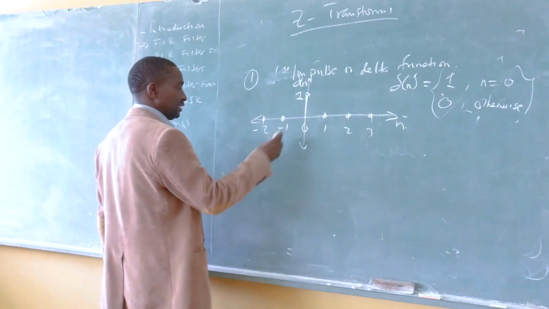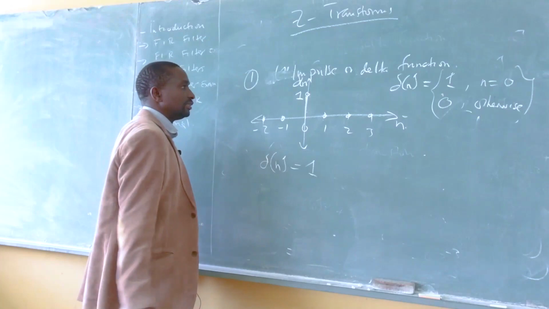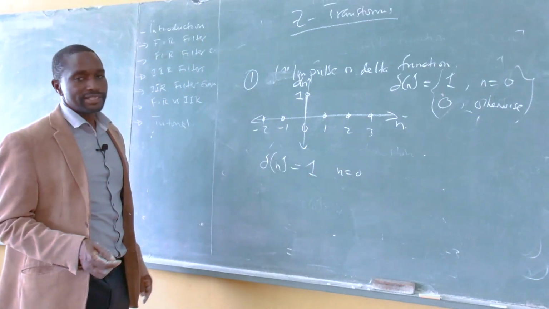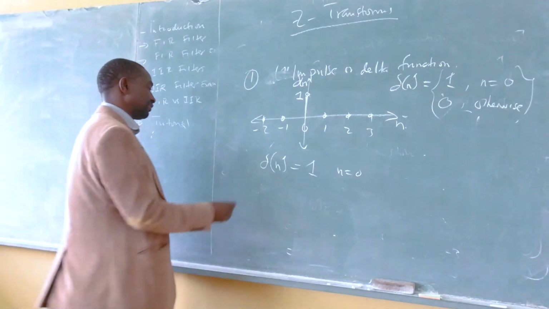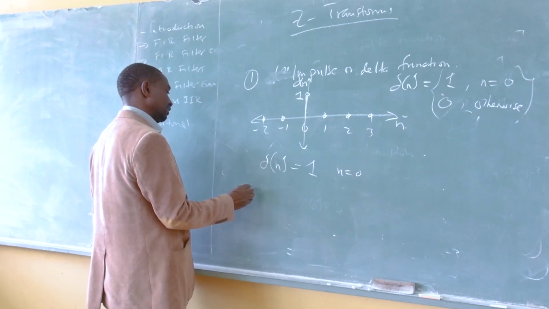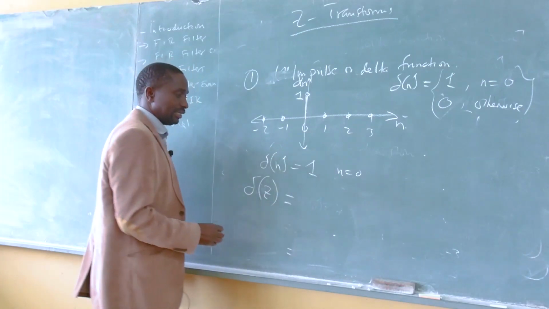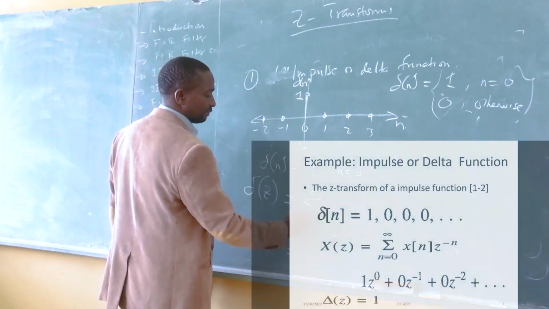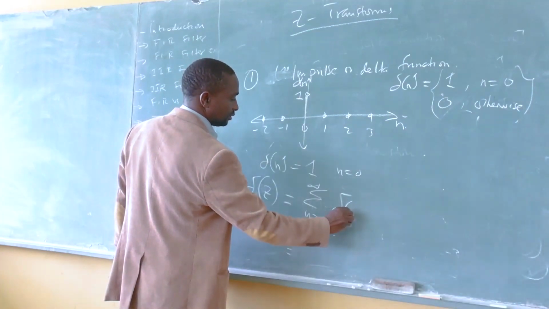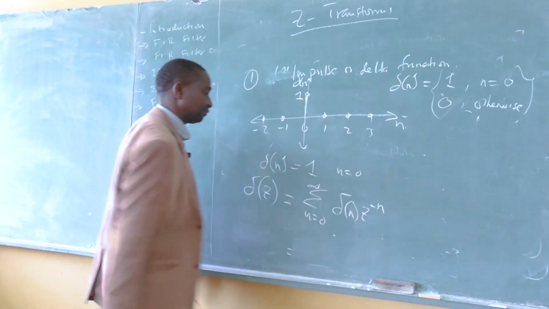So from the definition, since we know that delta of n is equal to 1 at n equals 0, how then do we find the z transform of such a function? The Z transform is given by, you can denote it as D of z, being equal to the summation from n equals 0 of delta of n z to the power minus n.